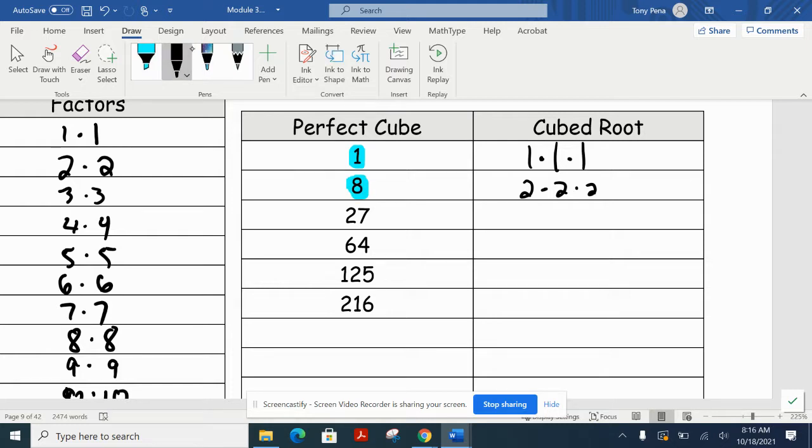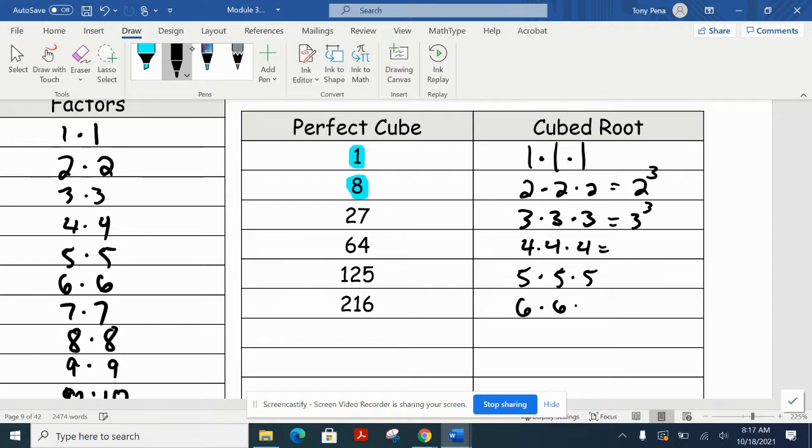We could also write these as like 2 cubed, hence that's the reason it's called a perfect cube. The 27 is a result of 3 times 3, which would give you 9 initially, and then that 9 times the next 3 is a 27. So that's 3 cubed. That's why it's called a perfect cube. And then 64, that's a 4 times a 4 times a 4. And then 125 is 5 times 5 times 5.